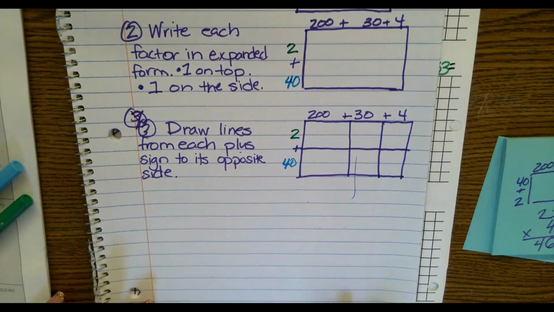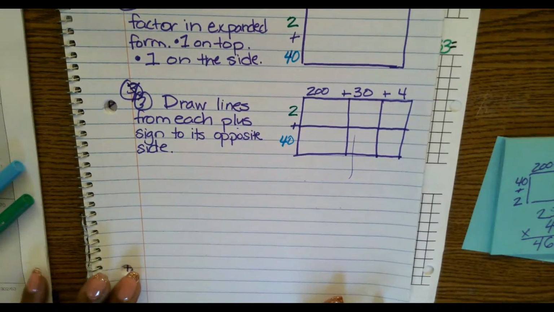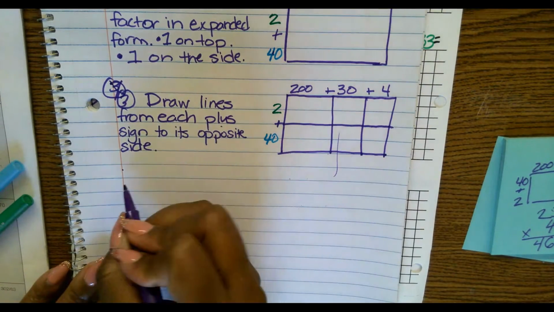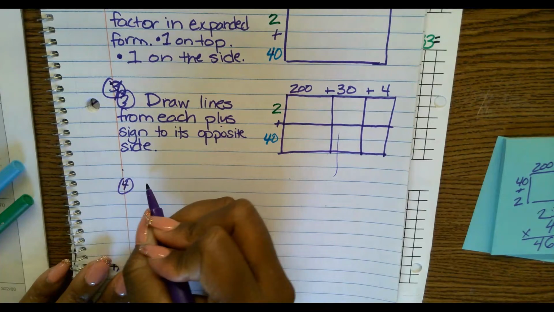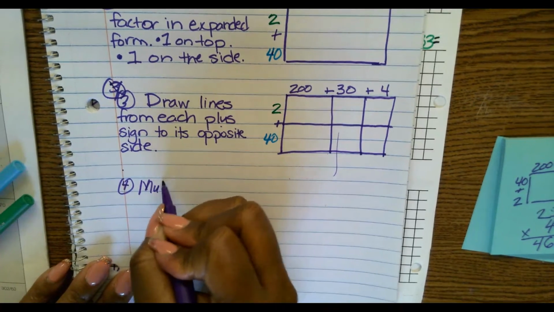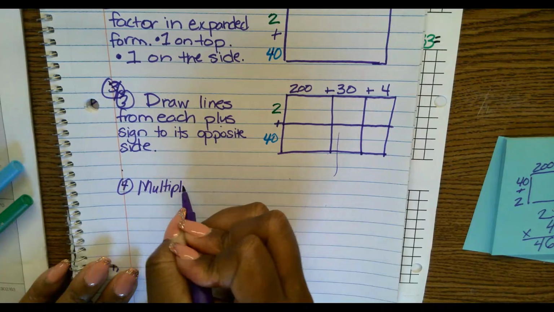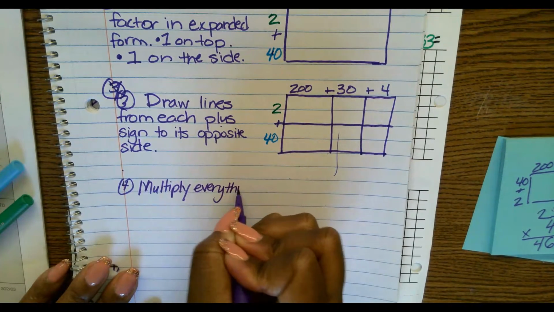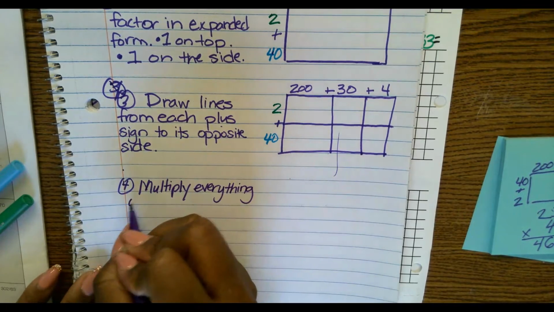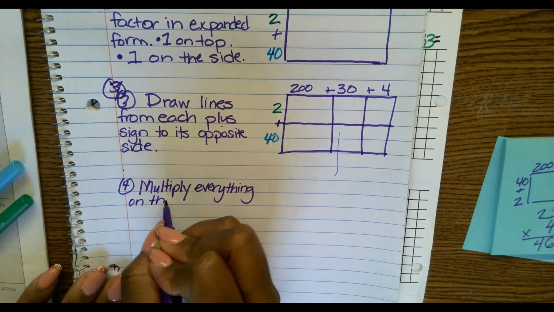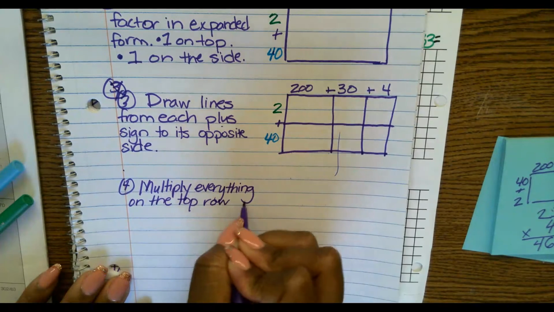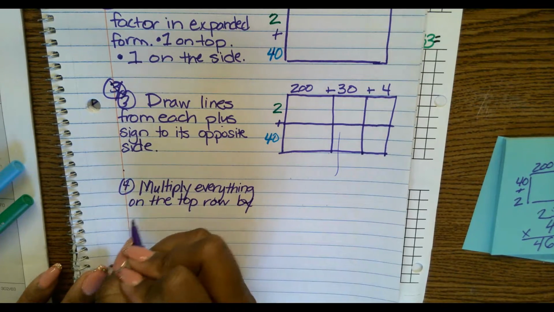Next, we have step 4. We are multiplying everything on the top row by the numbers on the side.